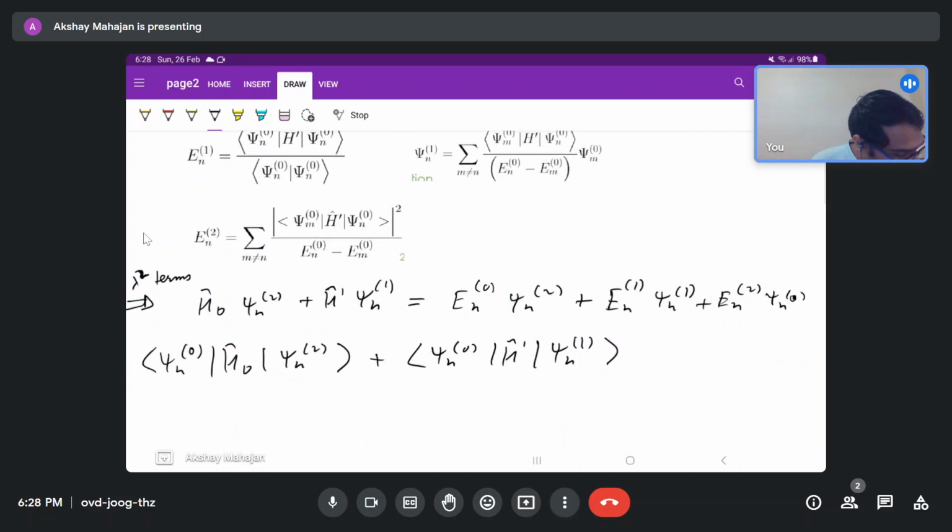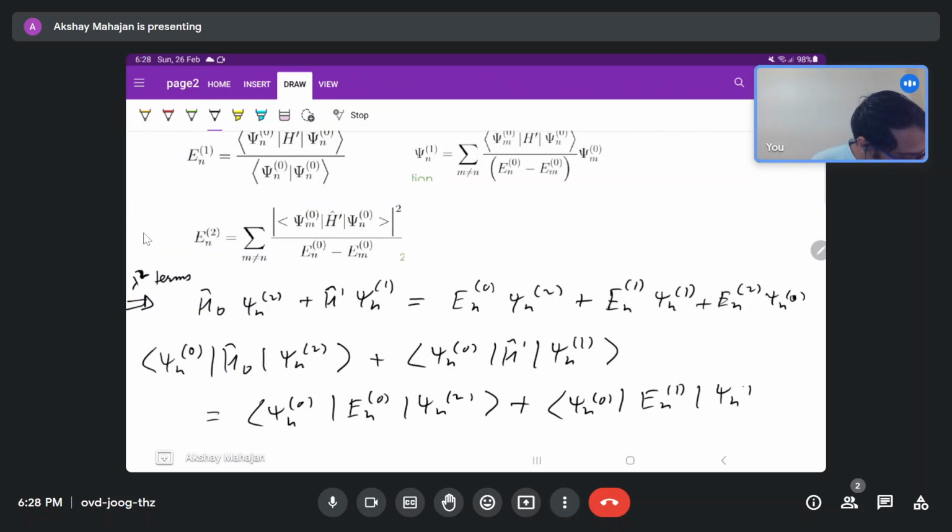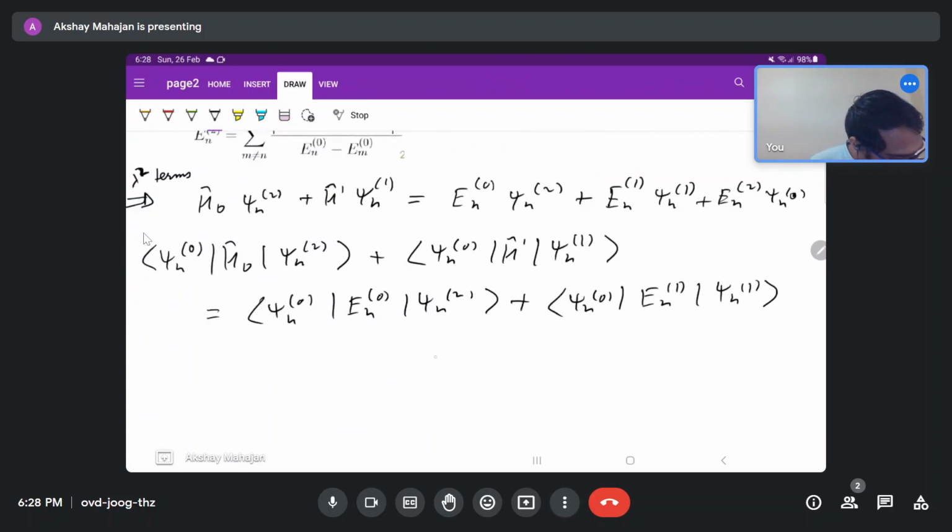Psi of 0 h cap prime psi of 1 will be equal to psi of 0 En of 0 psi of the second order plus psi of the 0th order En of first order psi of the first order plus psi of the 0th order En of the second order psi of the 0th order.